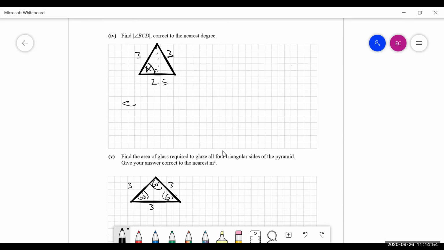So the cosine of BCD equals 1.25 over 3, that equals 0.42. And then looking that up, we see that BCD equals 65 degrees to the nearest degree.